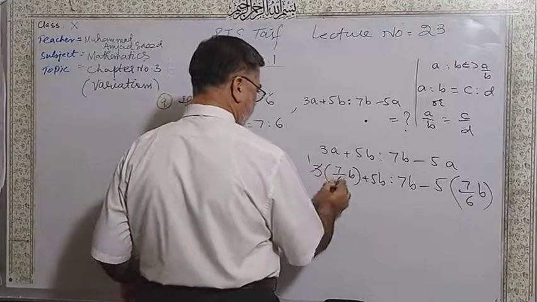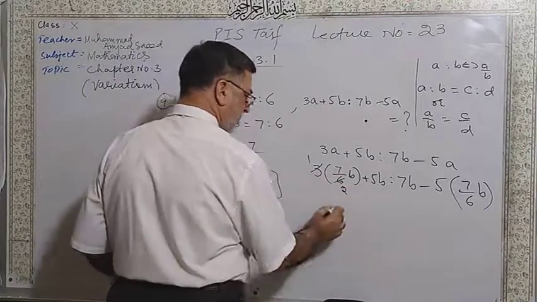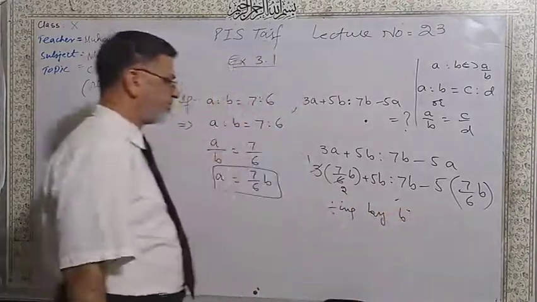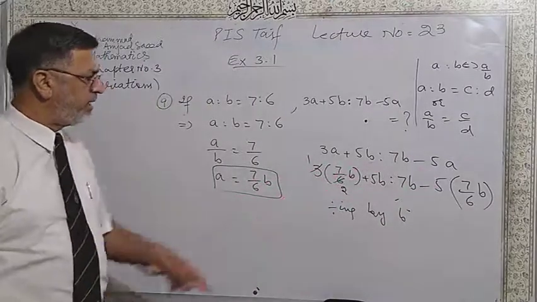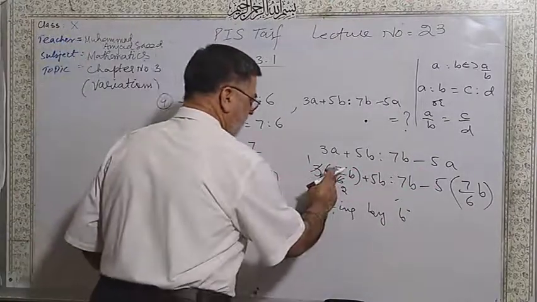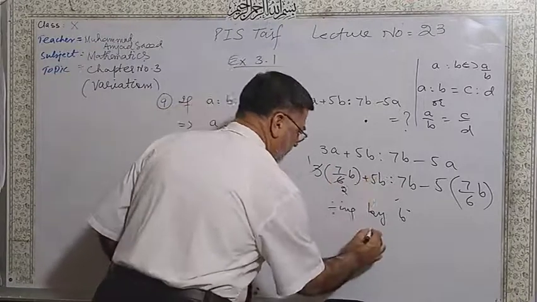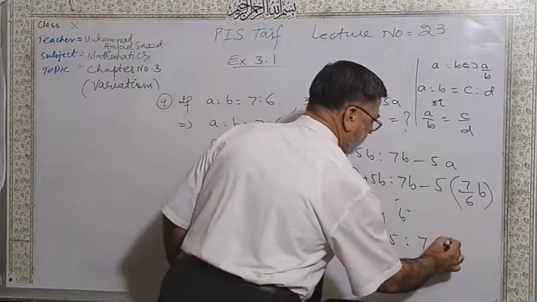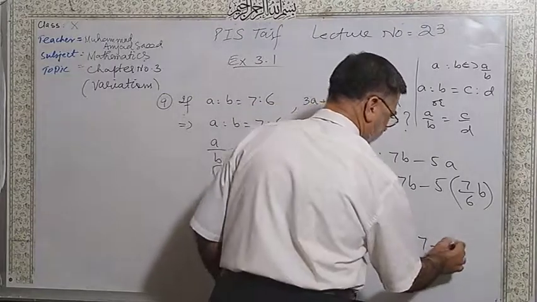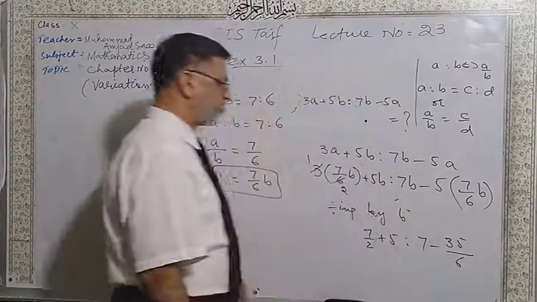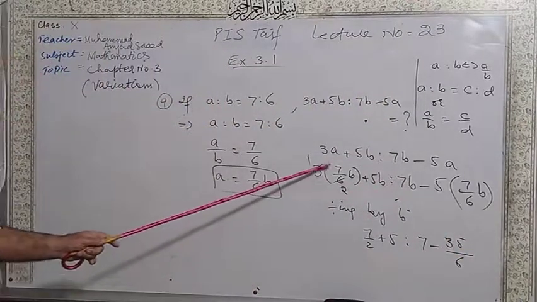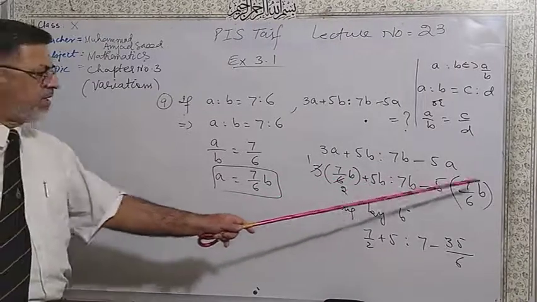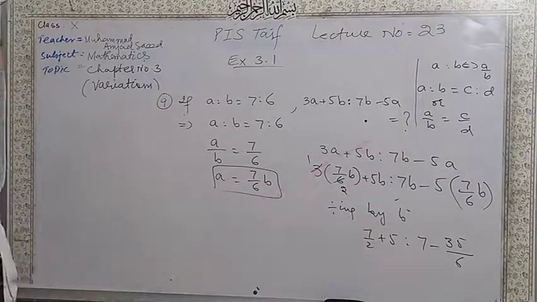This will be 7 over 2 B plus 5B. Dividing by B throughout, you will get 7 over 2 plus 5, ratio 7 minus 35 over 6. Because this B, this B and this one are all cancelled out.